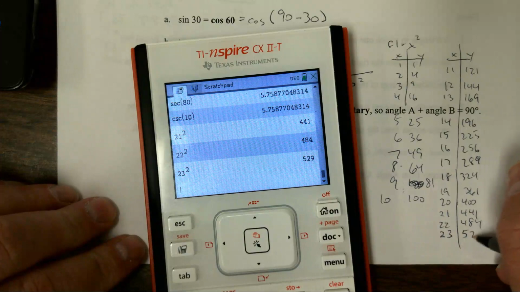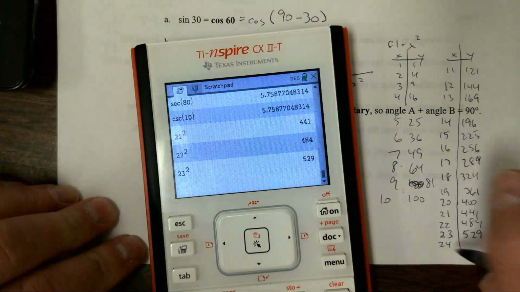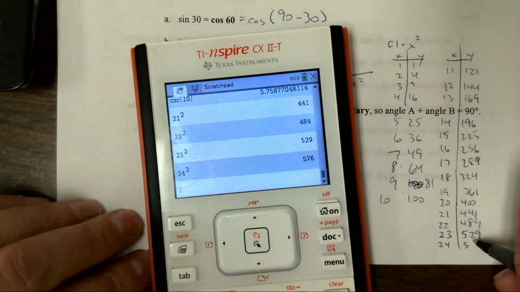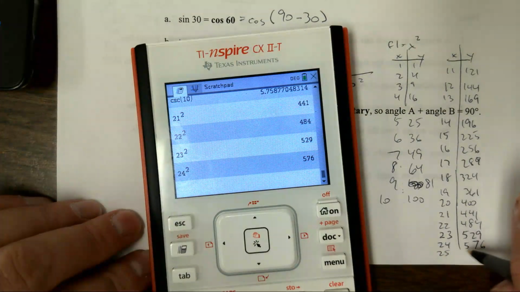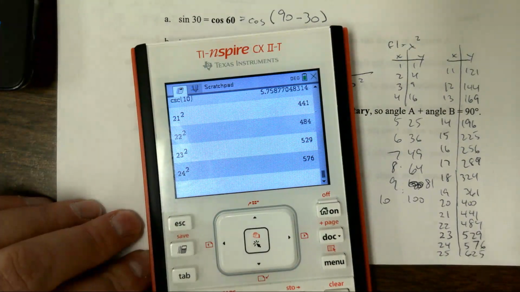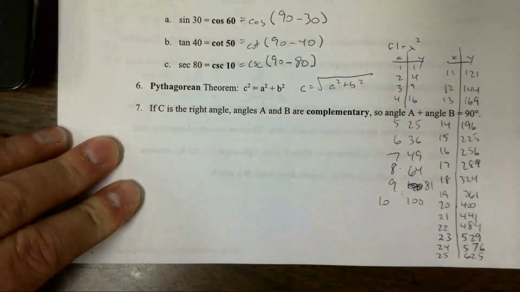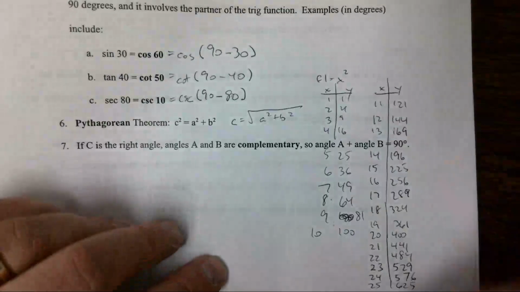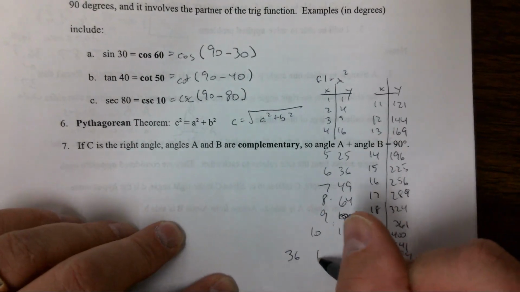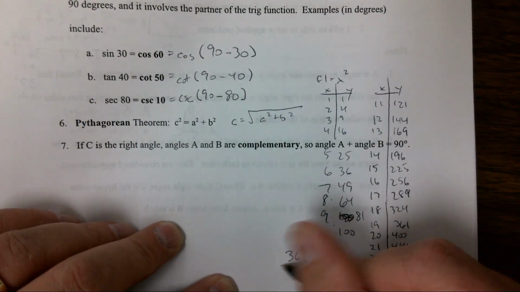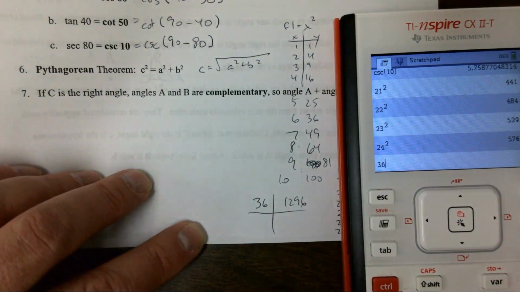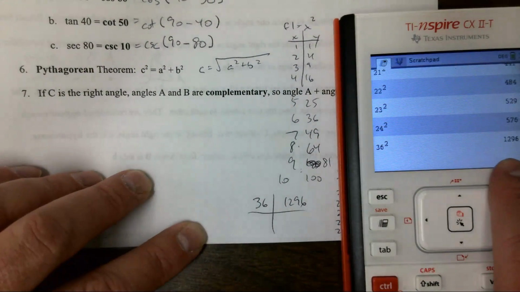Missed one. 24 is 576. Yeah. And 25, 625. And then we also had to memorize 36. For some reason, it's kind of random, but it's 1296. 36 squared is 1296.